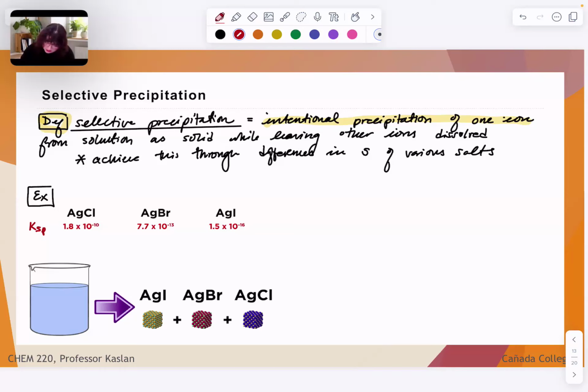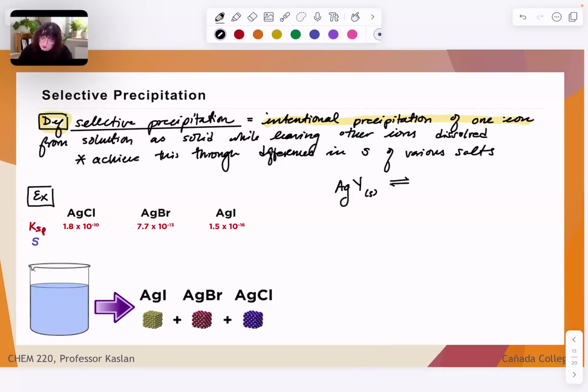So let's do that real quick. Let's identify what the molar solubility would be of each of these salts. So recall if I've got silver with some kind of halogen, so we do Ag and Y, AgY, solid.